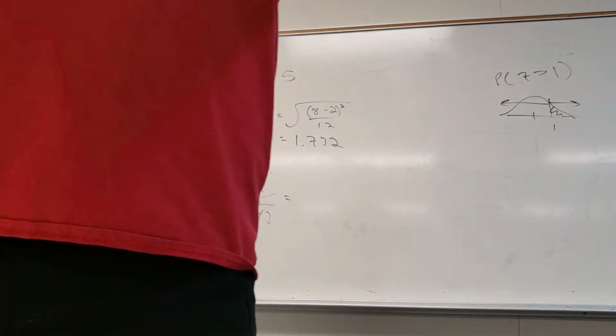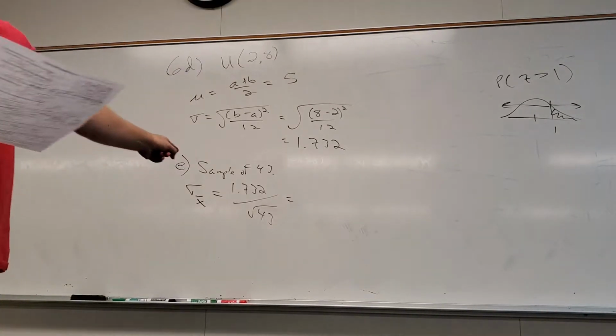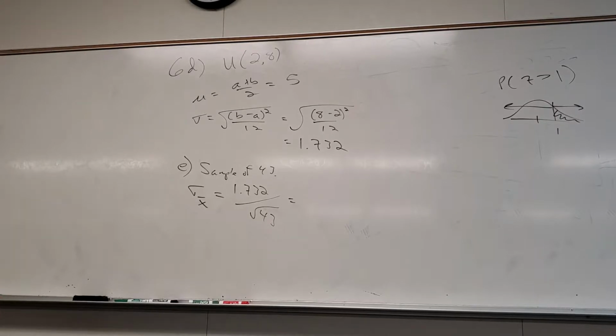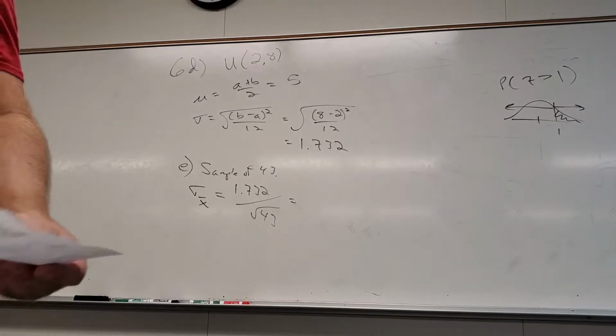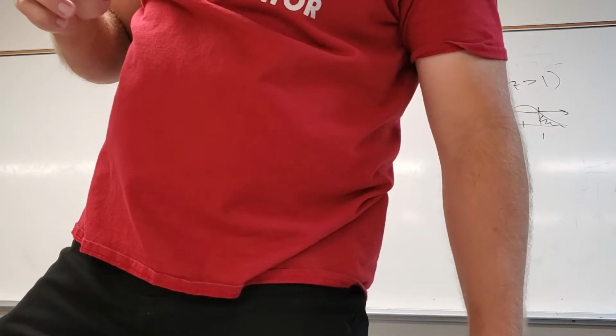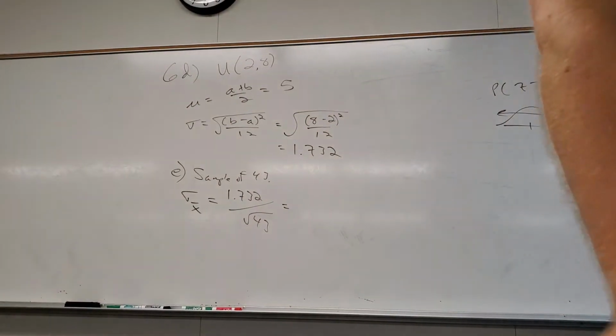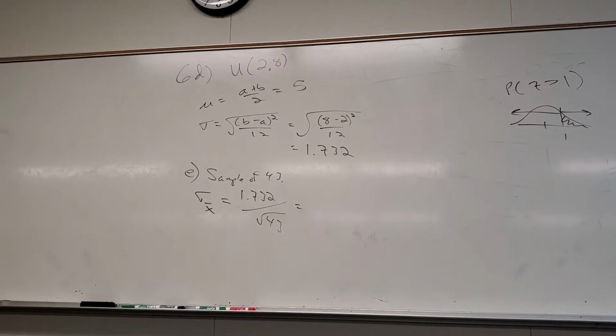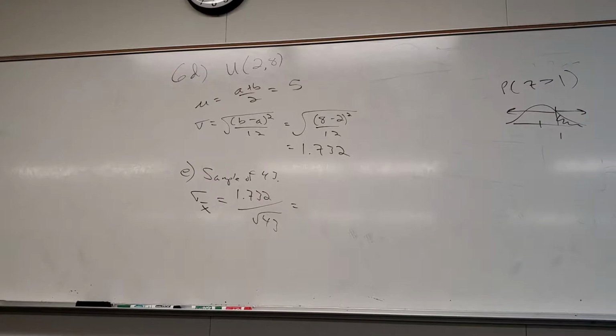So you can see on that 6E, I changed the standard deviation and then I made a normal curve and got z-scores and looked them up. Of course I would do that.